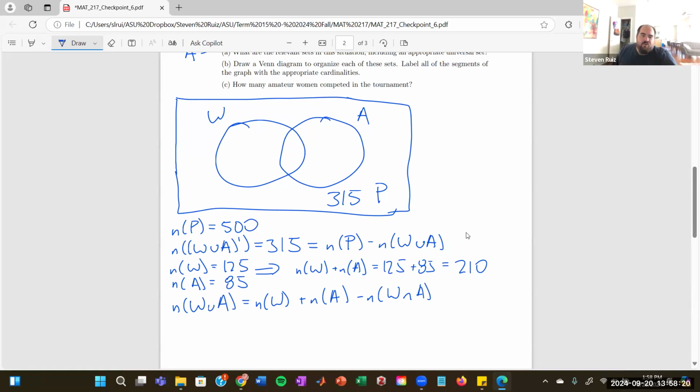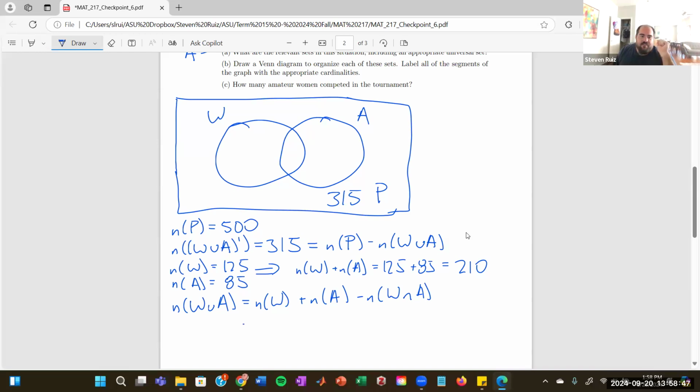Intuitively, I hope that makes sense, but here's the way I make sense of it. I want to know how big these two bubbles are in my Venn diagram, right? So I would just add up how many things are in W plus how many things are in A. But the problem with that is I counted this middle area twice. So for me to make my count correct, I have to subtract whatever lives in that middle region.